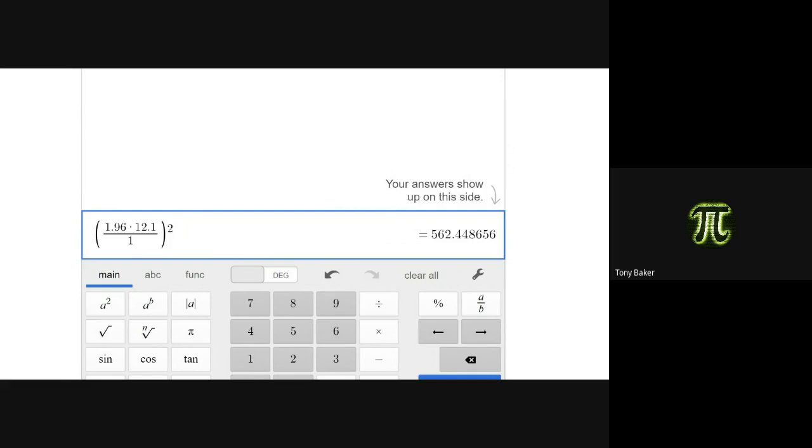And if I go back to the original problem, it says the Bureau of Labor Statistics collects information on the ages of people in the civilian labor force. So this problem is talking about looking at every single person that's working in the United States.